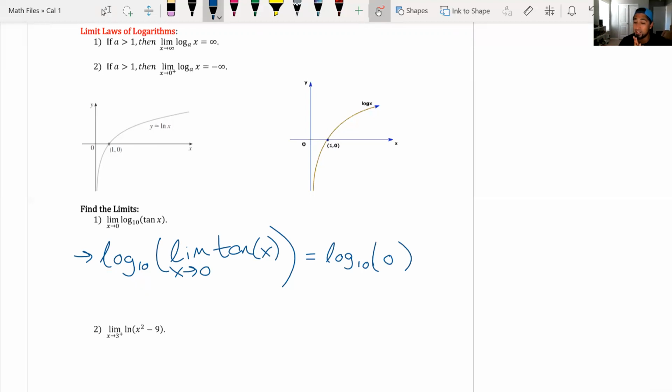But now my question to you is, can you take the log of 0? And that answer is no, we cannot take the log of 0. If you type this in your calculator, you will get an error, okay? But this doesn't mean that the limit doesn't exist.